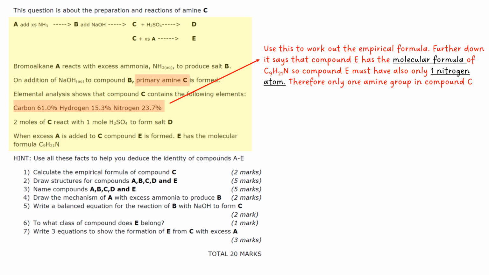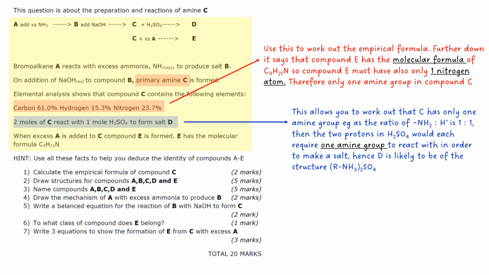Bearing in mind that it's a primary amine, that means it's going to have an NH2 group rather than two alkyl groups or three alkyl groups attached to the nitrogen, as you'd find in secondary and tertiary amine structures. The 2-to-1 ratio of the reaction between C and H2SO4: you need to think about the ratio of the amine group, NH2, to the proton that's incoming, because obviously amines behave as a base.